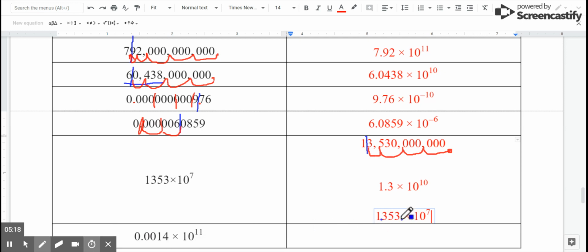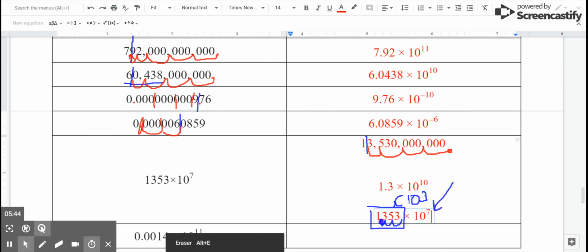So that means I have to move the decimal 1, 2, 3 places to the left, making this smaller by a factor of 10 to the 3rd power. So I made this number smaller. I turned it from 1,353 into 1.353. So I need to make this other number bigger, 10 to the 7th, to compensate for that. So I'm just balancing this out.